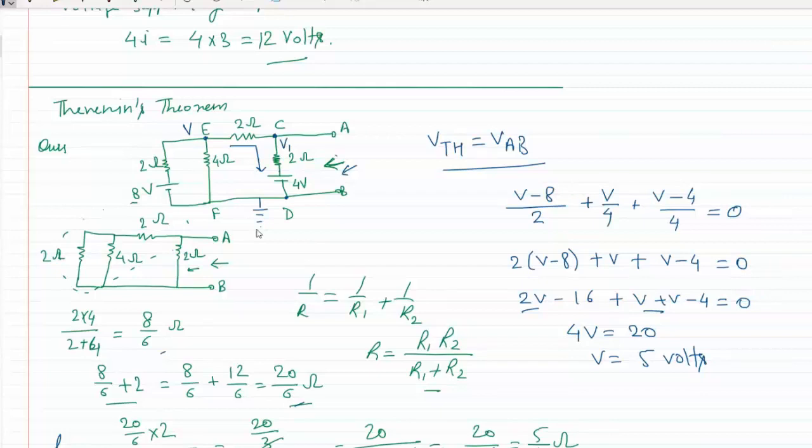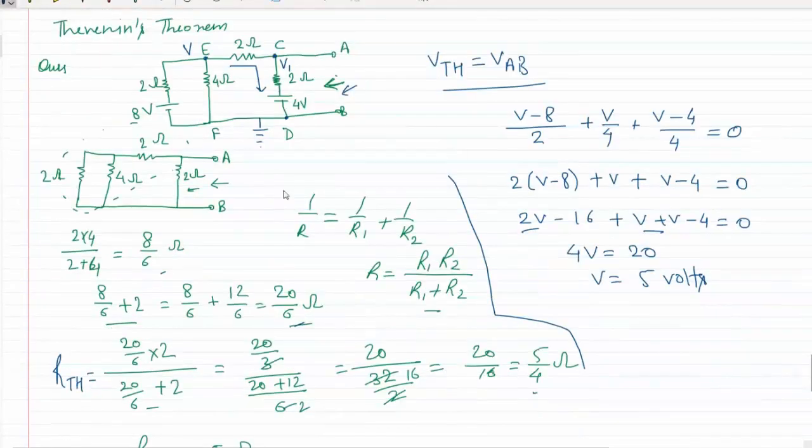So we have calculated V is equal to 5 volts. But this is this voltage; we have to calculate the voltage here. So how to calculate it? We can calculate it using two methods. The first method we cannot apply now, because we have already created one equation, so forget about that; I will tell you later. Now, how to calculate the voltage here?